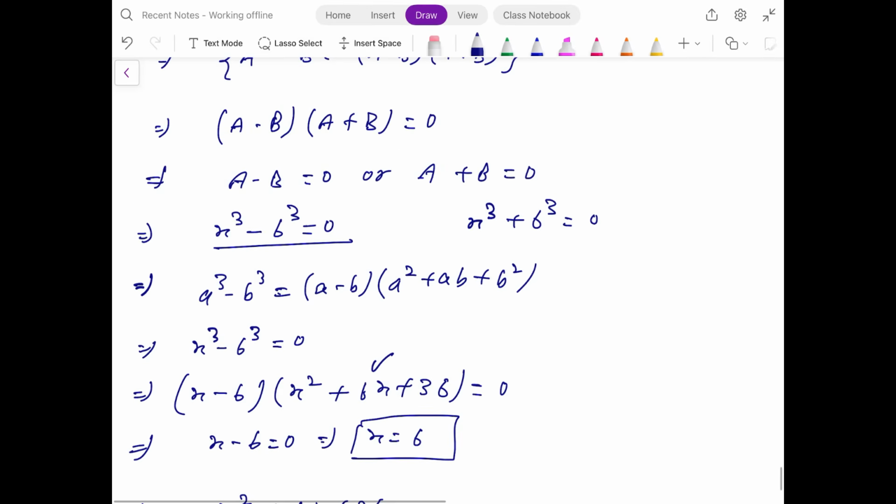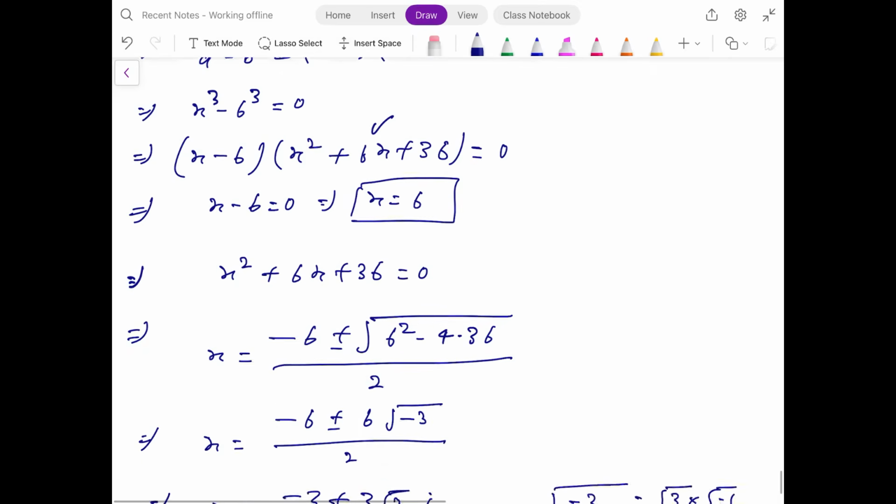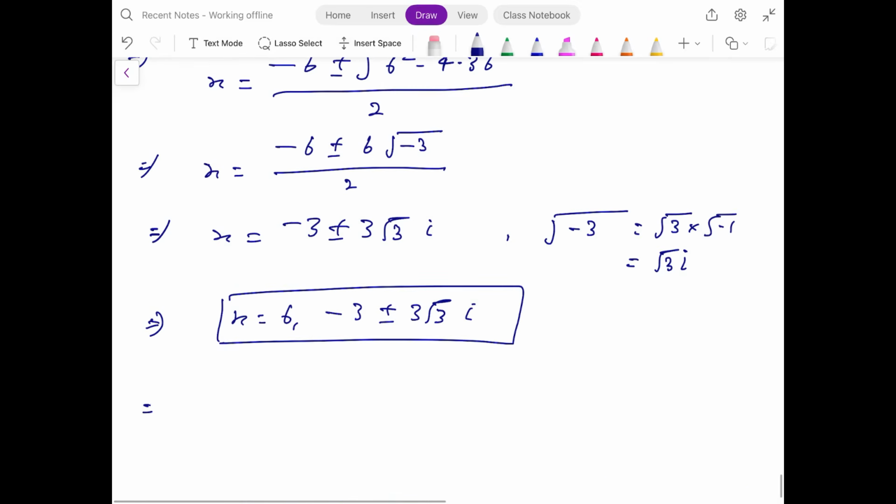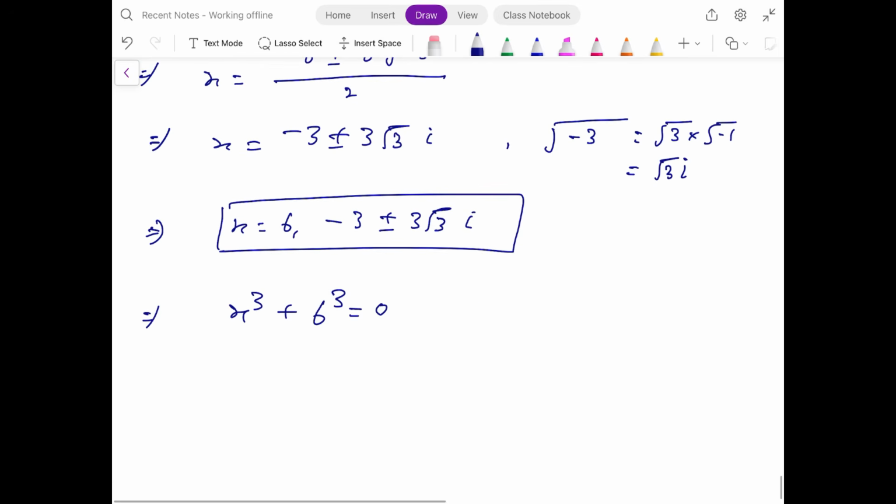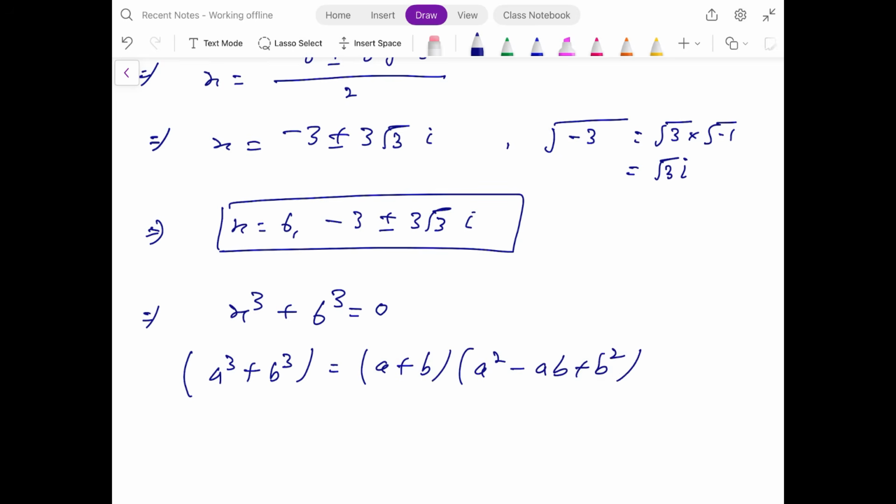After using the second equation, that is x^3 plus 6^3 equal to 0, we will have three more solutions. In order to simplify the left hand side, we will be using the identity a^3 plus b^3, that is equal to (a plus b)(a^2 minus ab plus b^2).